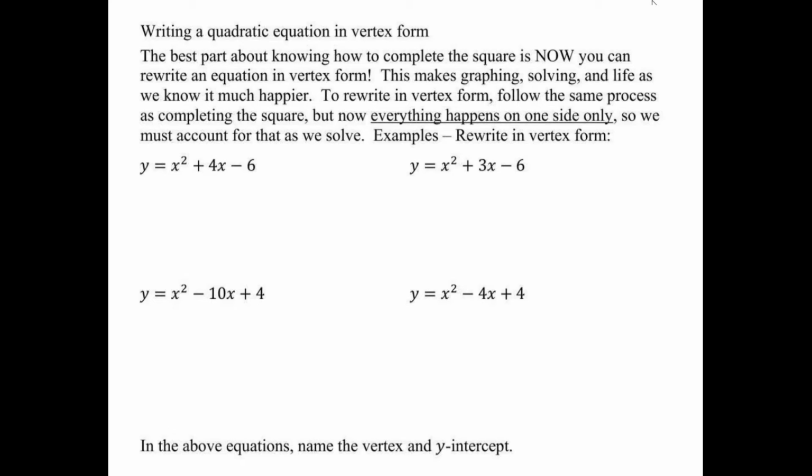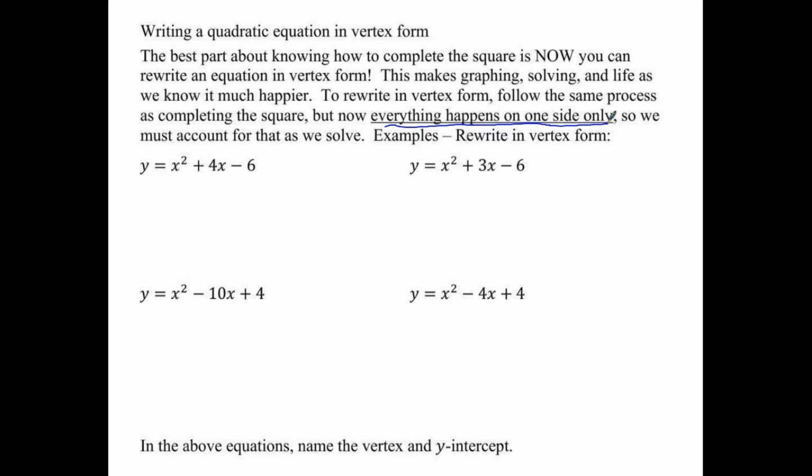To rewrite an equation in vertex form, you follow the same process as completing the square, but now everything happens on one side only. Okay? And that's because we have y equals some equation. Whereas before we were solving the equation, we had equals 0, so we could work both sides of the equation.